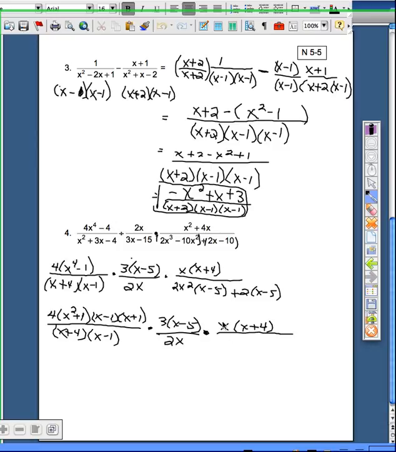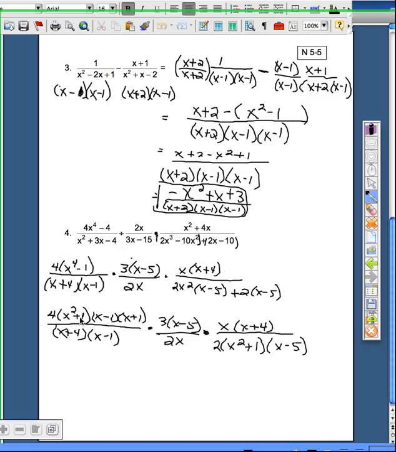We have 2x squared plus 2, and we can factor a 2 out of that, and that'll leave me x squared plus 1. And then we have x minus 5. You see this 2x squared plus 2 is where I factored the 2 out. I could have factored that 2 out first, but I didn't have to.